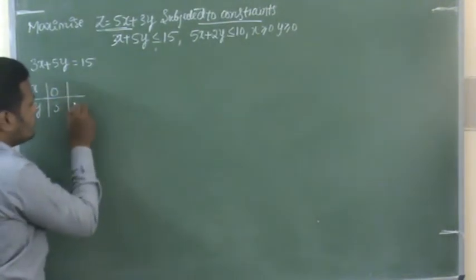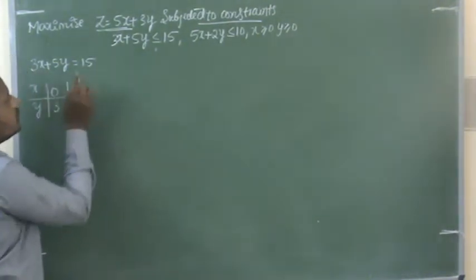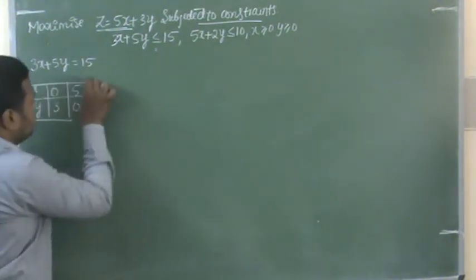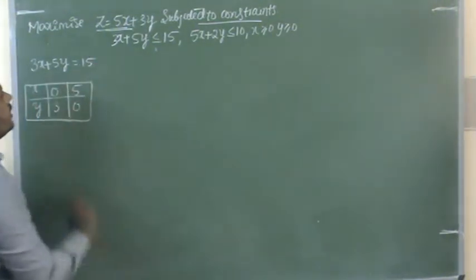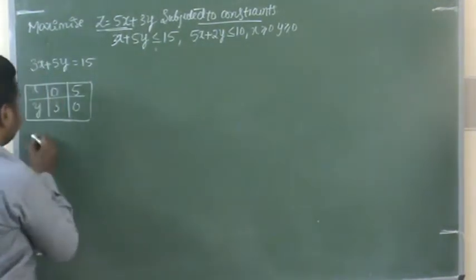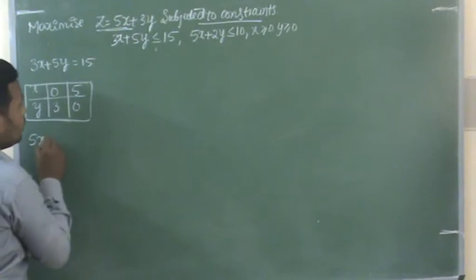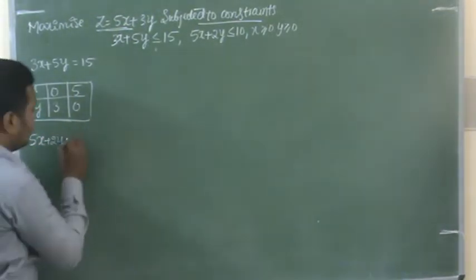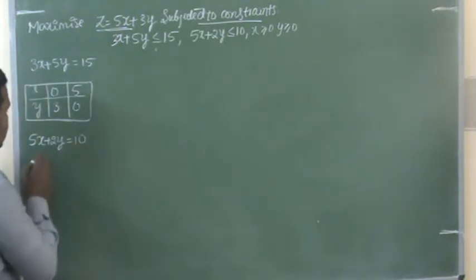Now, when y is equal to 0, x value is 5. These are the points on the equation 3x plus 5y equals 15. For the second equation, 5x plus 2y equals 10.